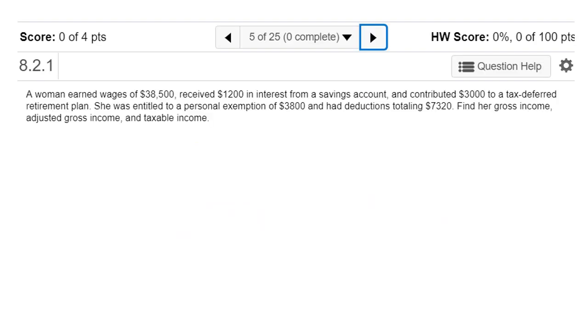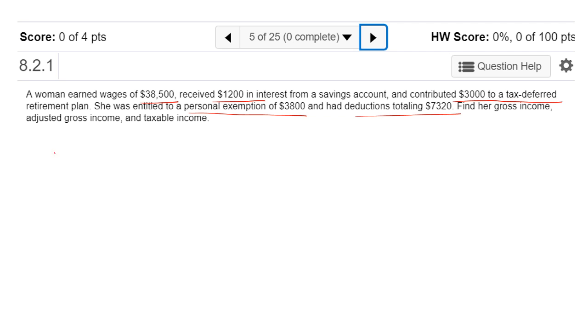In question number 5, we're going to revisit some federal income tax problems. We have a woman who has wages of $38,500. She receives $1,200 in interest from a savings account. She contributes $3,000 to a tax-deferred retirement plan. She's entitled to a personal exemption of $3,800, and she has deductions of $7,320.